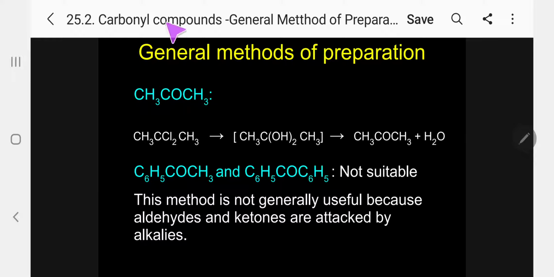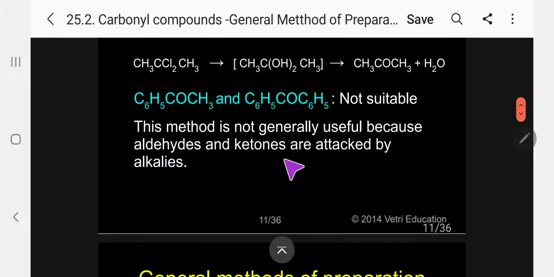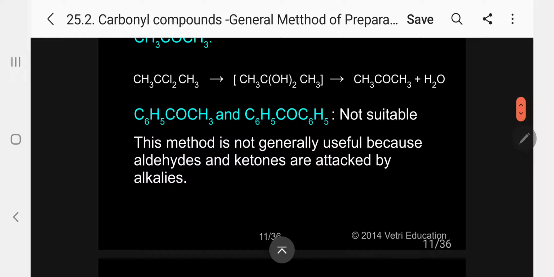This method is not generally useful because the aldehydes and ketones that are formed are easily attacked by alkali. So either they will undergo the Cannizzaro reaction or aldol condensation, so the final product will not be an aldehyde or ketone. That's why normally this method is not suitable to prepare aldehydes and ketones.